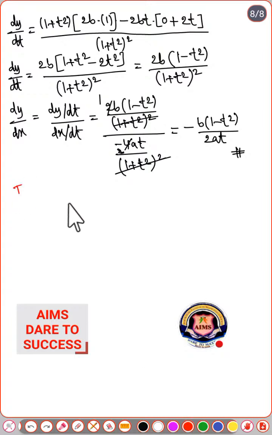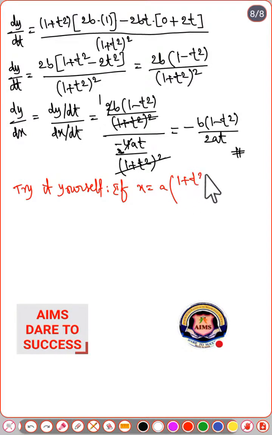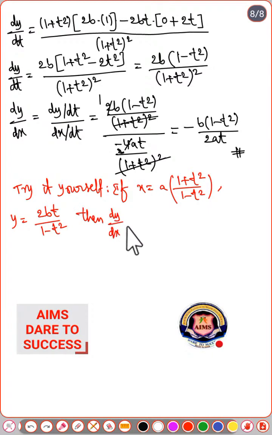Okay, my dears, now I am giving you a try it yourself problem. If x is equal to a into 1 plus t square by 1 minus t square and y is equal to 2bt divided by 1 minus t square, then find the value of dy by dx.